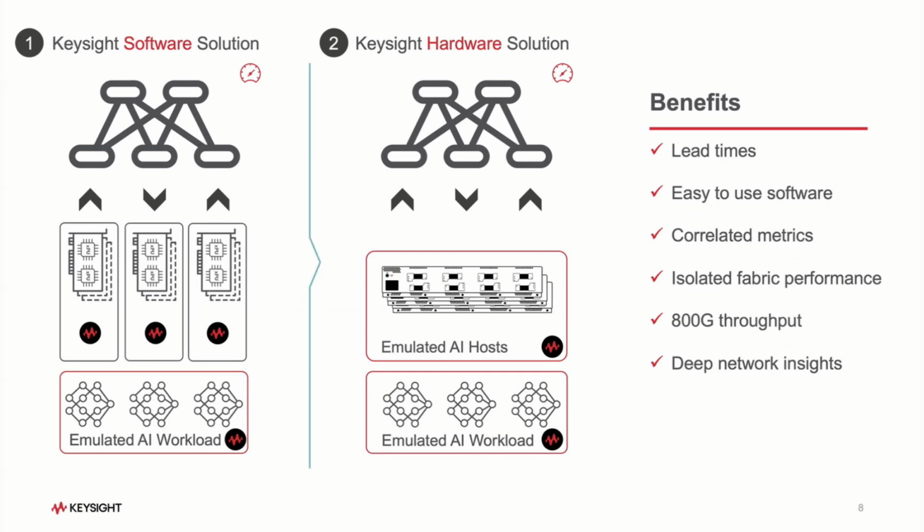Those are DMA capable network cards, so that we can stress the network, pretending it has a bunch of NICs and GPUs behind them connected to it. And so that's how you bridge that gap for testing the new generations of the networks before the new generations of the GPUs become available.